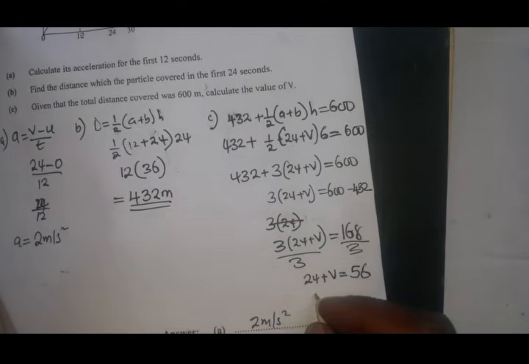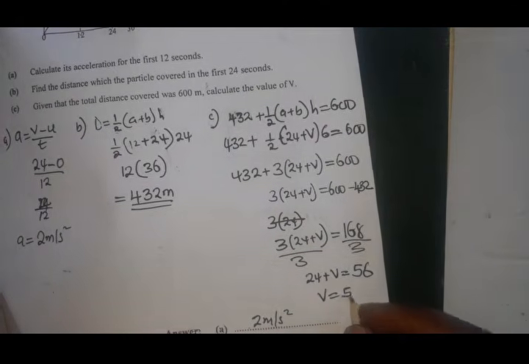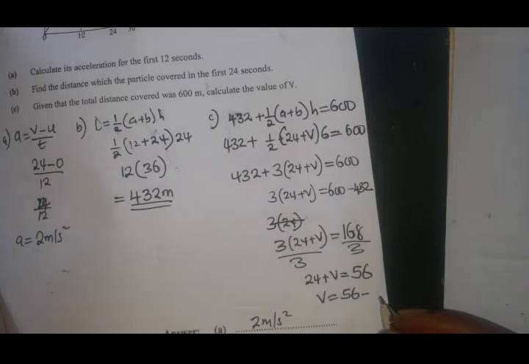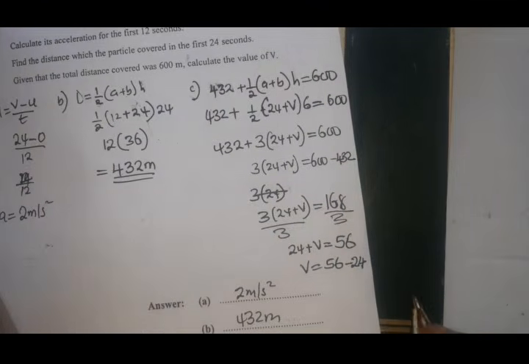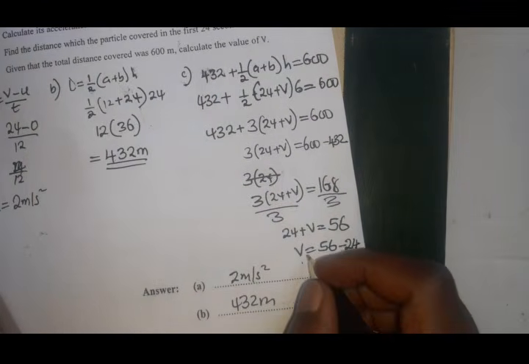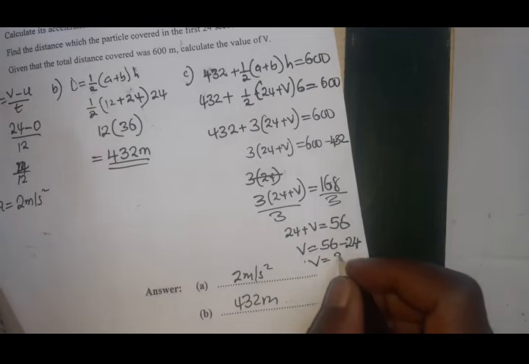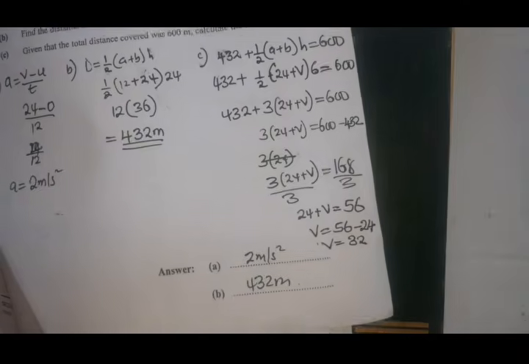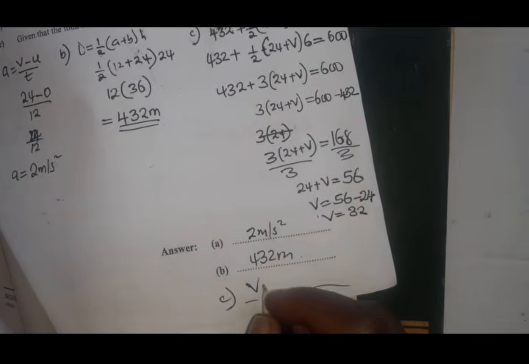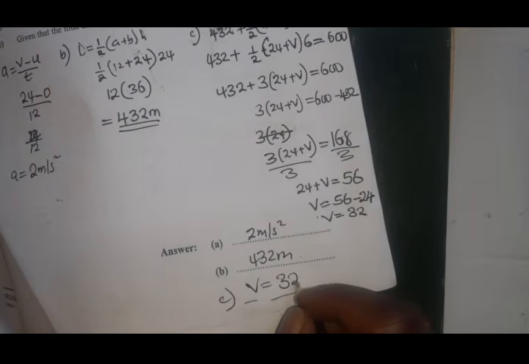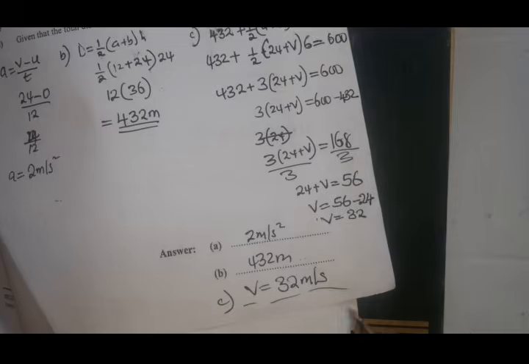So to find the value of v, you say 56 minus 24, and v will be equal to 32. So our v is equal to 32. Okay, that is what we are supposed to do.